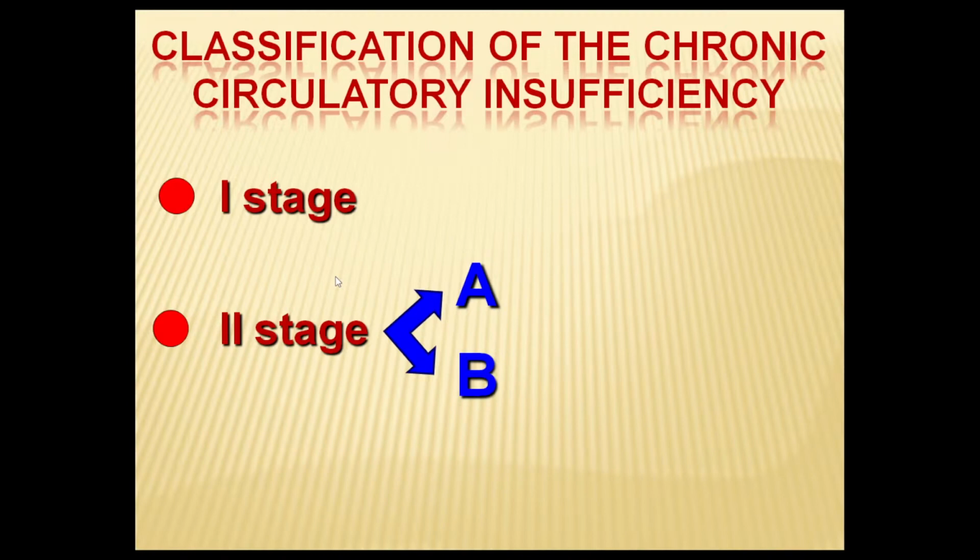Why did I draw your attention to blood circulation? We are talking about second A stage when only one circulation is involved in the pathological process, only lesser or only greater. We are talking about B when both circulations are involved. And you understand, the clinical picture will be more intensive in second B stage. And the third stage, which is called decompensated, because other organs are involved in the pathological process.